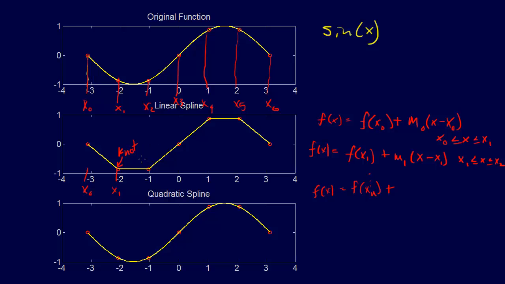Where you have 2 of these line segments meet, in this case linear, or in the quadratic case, 2 quadratic segments meeting, that's also a knot. In particular, the knots on the inside are called interior knots. These are interior knots because they're inside, and then you have the endpoints.